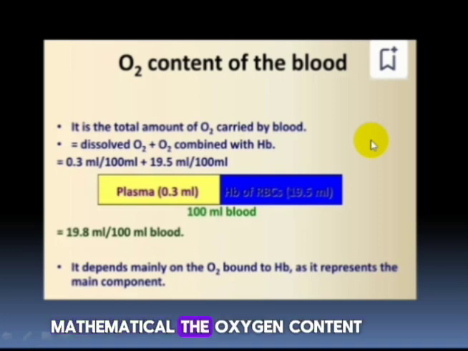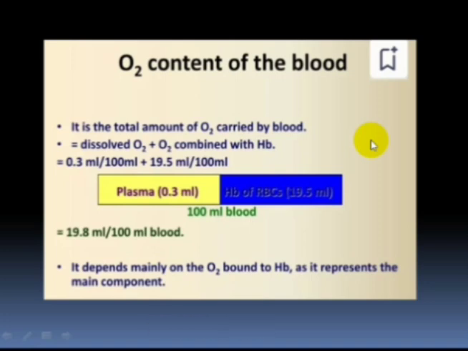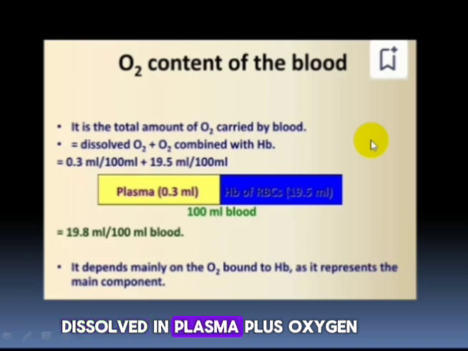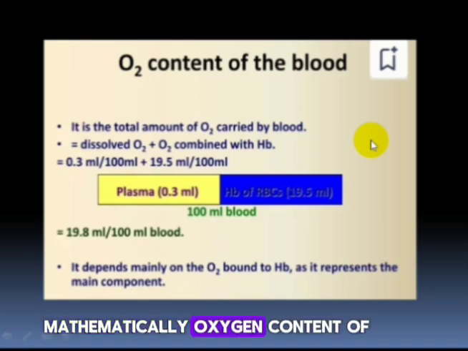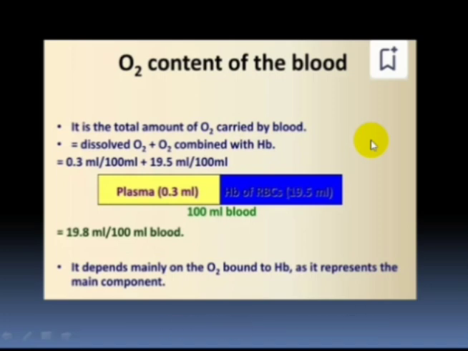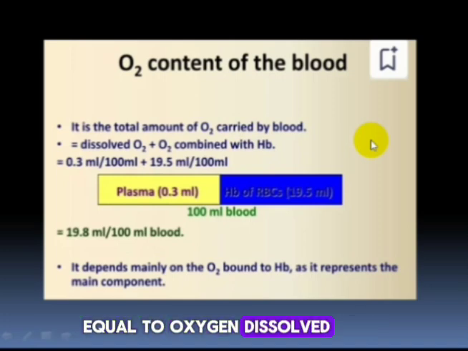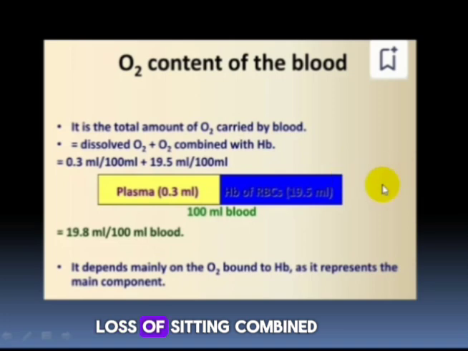Mathematically, the oxygen content of the blood is equal to oxygen dissolved in plasma plus oxygen combined with hemoglobin.